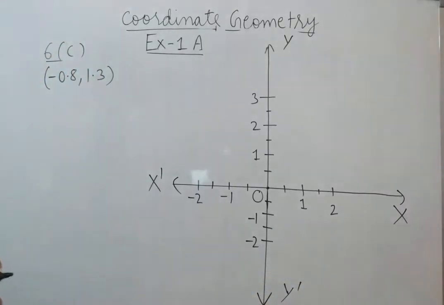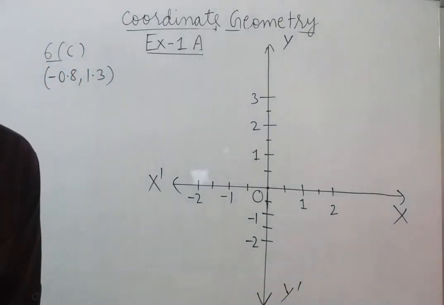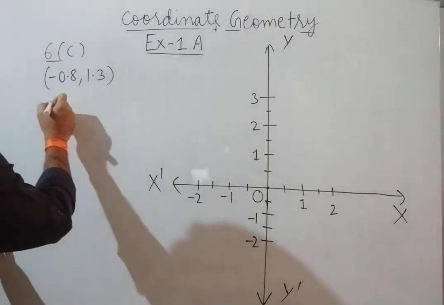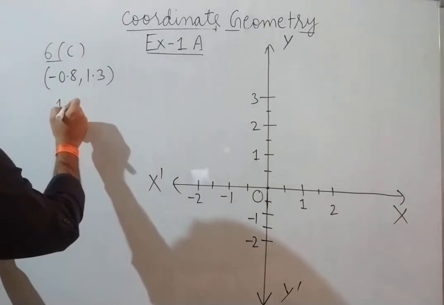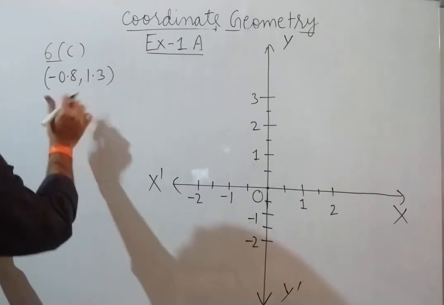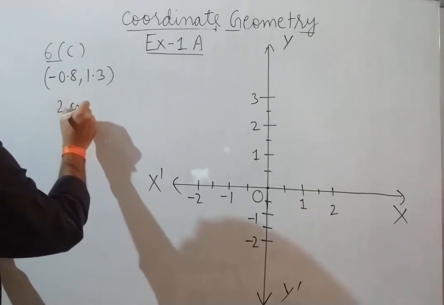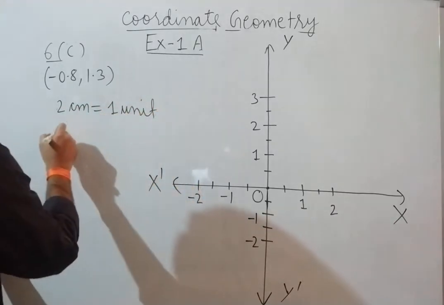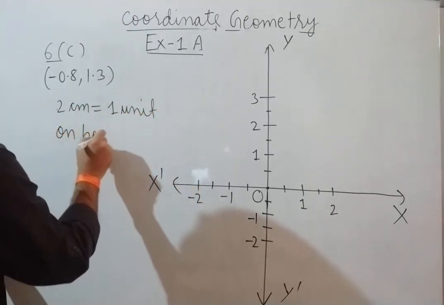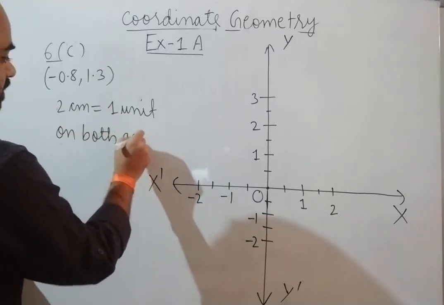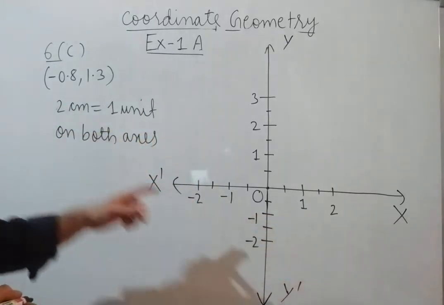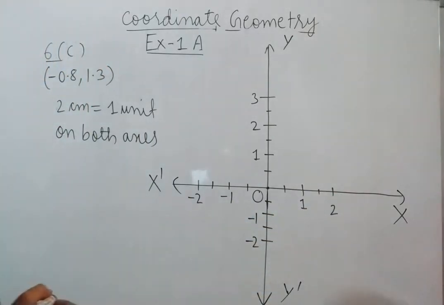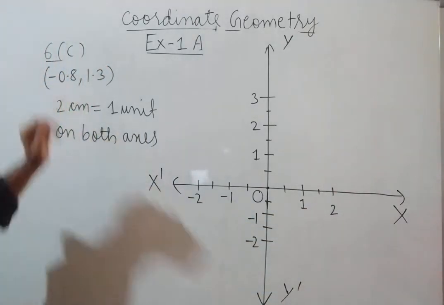Now the next part is minus 0.8, 1.3. In this we will take the scale 2 centimeter is equal to 1 unit on both axes. Correct? So 2 centimeter is equal to 1 unit. So we have to represent minus 0.8.